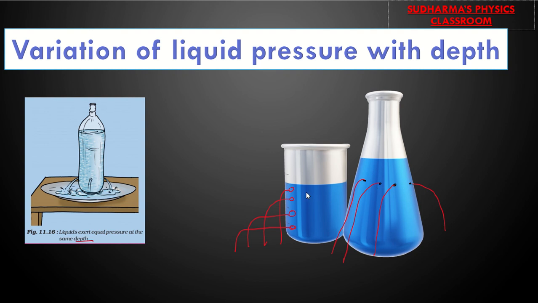Okay, and when the depth increases, depth means from the top layer of the liquid we have to measure downward, right? So when the depth increases, then the pressure will be more. Hope all of you will be doing these experiments after the class. Okay, expecting your comments in the comment box. So pressure can be measured using a manometer. The instrument used to measure liquid pressure is the manometer.